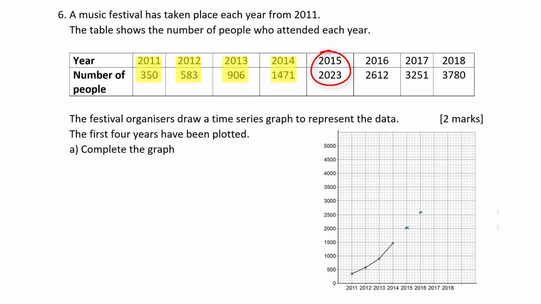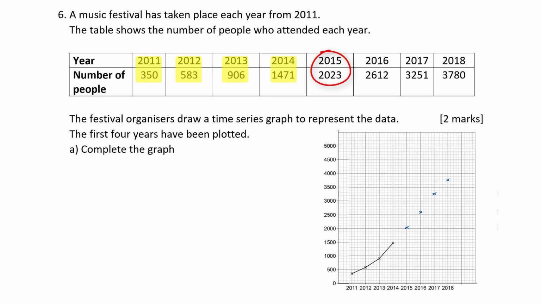So 3250, so kind of halfway, isn't it? So it should be there. And then finally 2018, 3780. So 3700, that's the second square up, but it's an 80, so it might be quite close to the third line.